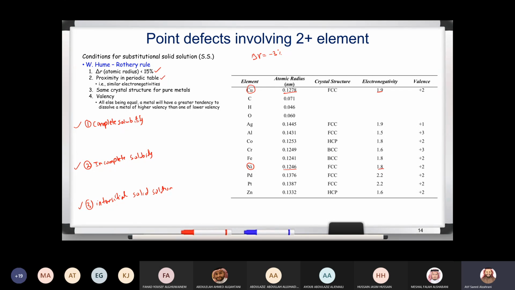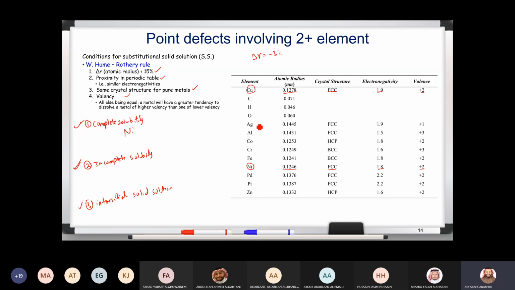Same crystal structure of pure metals: here we have FCC, here we have FCC, so it checks number 3. The valency: here we have +2, here we have +2, so it checks number 4. So we say nickel has complete solubility in copper. No matter how much nickel you add to the copper, you will form a solid solution. You will not form any other phases. So this is situation number 1.